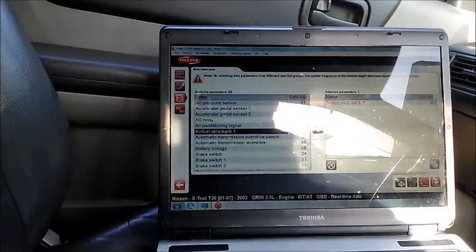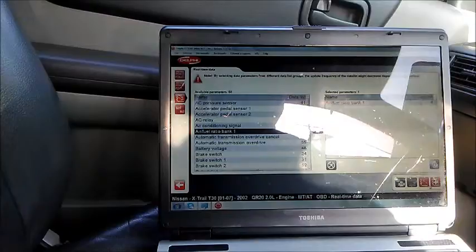Okay, let's see what the air fuel ratio bank 1 info says.